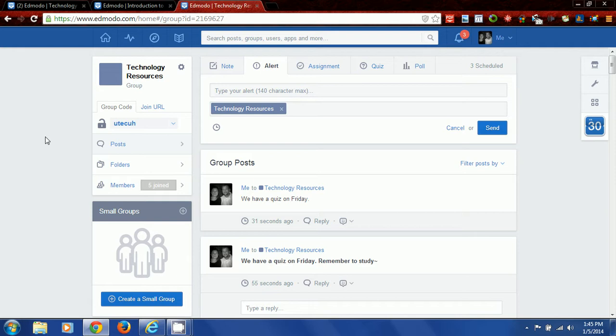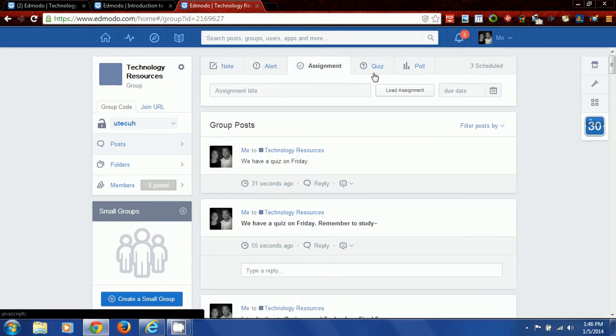It can be tailored towards reading out of a book and writing a reflective essay and then submitting that. These tools that you have here, it's note, alert, assignment, quiz, and poll. I'm telling you, these are good tools that you can use across the boards, whether you're doing all digital or just a portion of digital. This covers that.